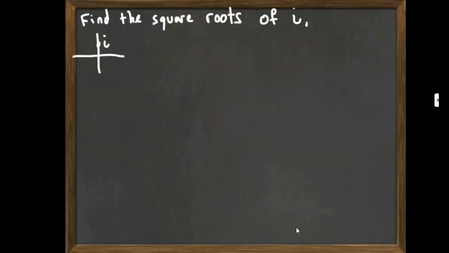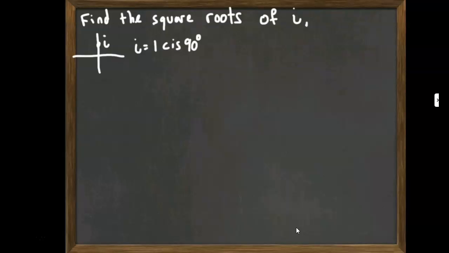Well, first thing we can do is draw the complex number i on the real imaginary plane. And so i, of course, is right up there with a magnitude of 1, and it's 90 degrees or pi over 2 away. So we can write i down as 1 cis 90 degrees.